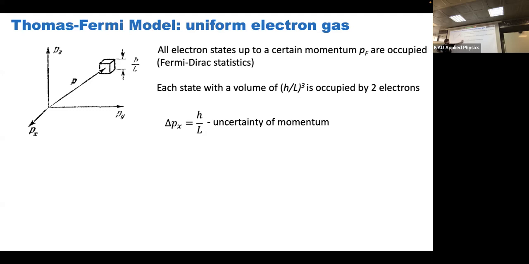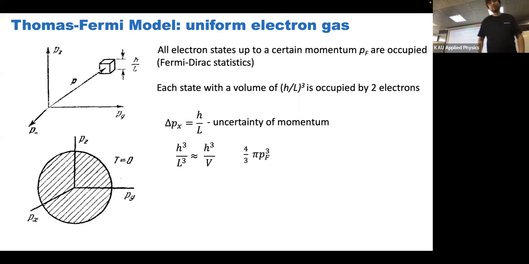And we have some uncertainty of momentum, and we say that we can't deal with anything inside this small size because it's under this uncertainty. But we can deal with these cubes because they are of the size of the uncertainty. It's one assumption.